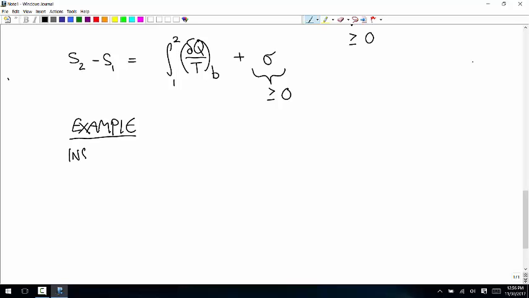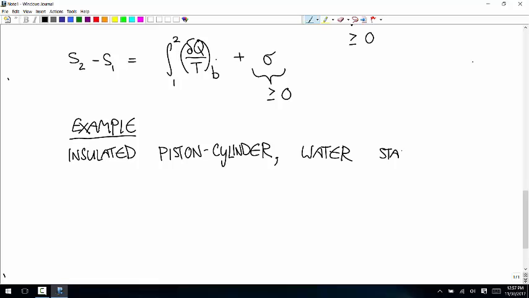So let's say we have an insulated piston cylinder assembly, and what we're dealing with is water. It starts as a saturated liquid at 150 degrees Celsius.